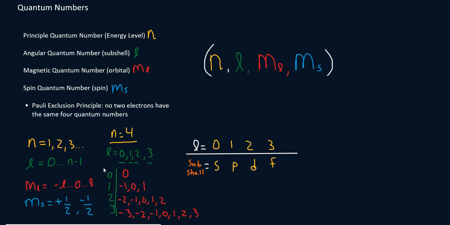So I recommend you split that up and take it one L value at a time. Worry about the electrons in one subshell, then move to the next subshell and the next subshell, and eventually you'll get them all down. So now let's go ahead and look at an example of that in practice.